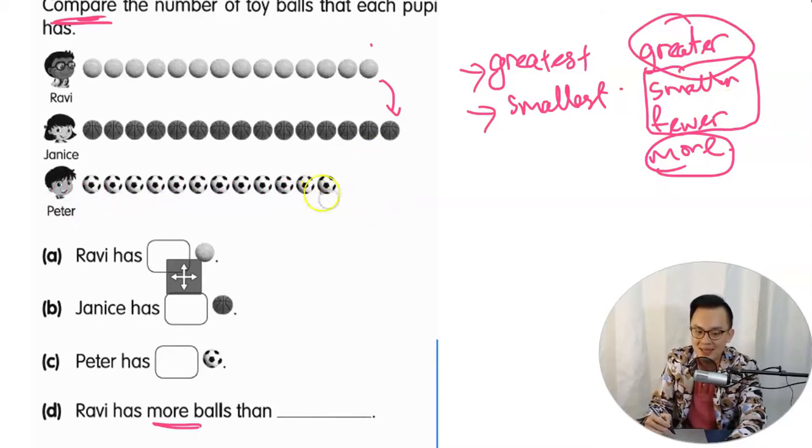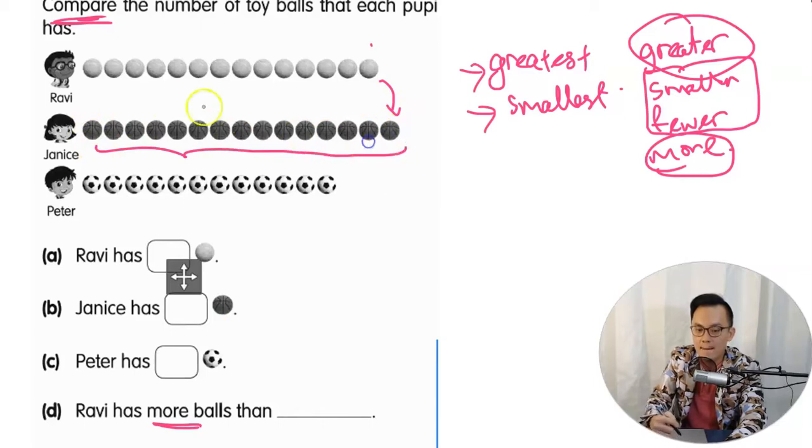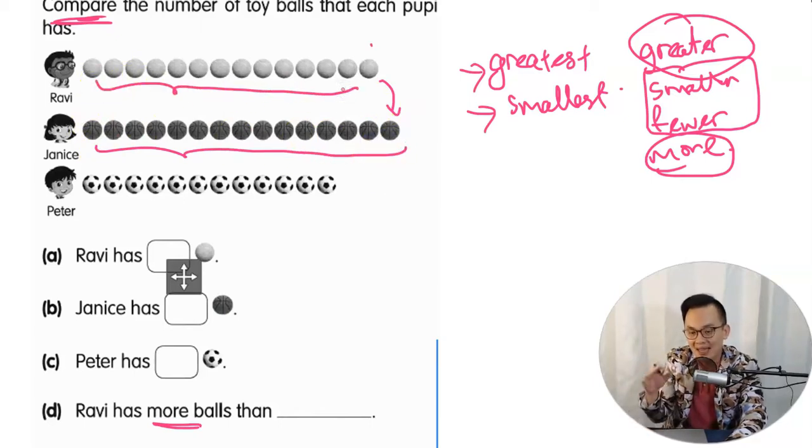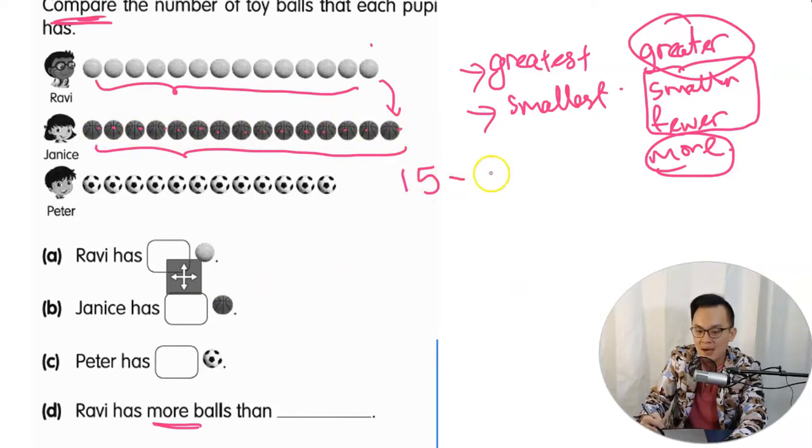And they have to understand that when asked how many more balls Janice has than Ravi, it is actually this number minus away this number. They have to be able to count and write out the equation, say 1, 2, 3, 4, 5, 6, 7, 8, 9, 10, 11, 12, 13, 14, 15. So it's 15 minus away 14 equals 1.